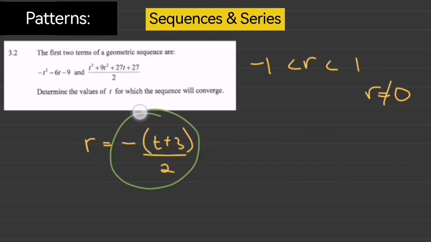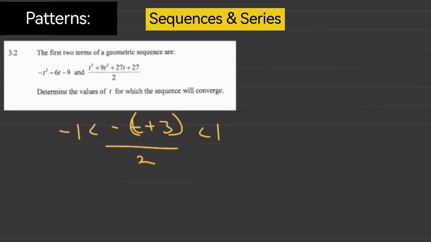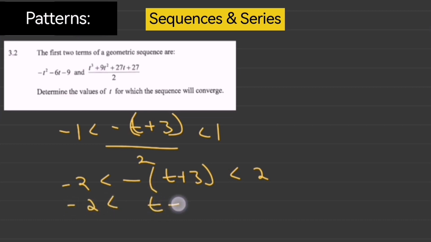Now I'm going to substitute this into my formula over here. Now multiplying both sides by 2, that gives us negative bracket t plus 3. Then I'm going to divide by a negative, but this doesn't necessarily change anything in the inequality. Normally it would swap the signs, but since we have a 2 and a -2 on both sides, it really doesn't matter in this case.